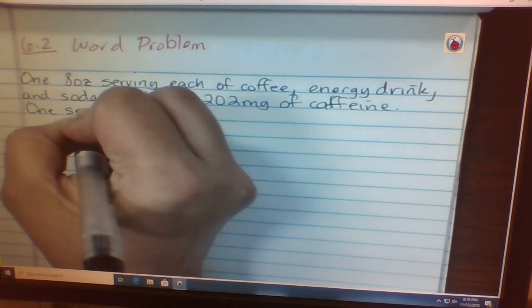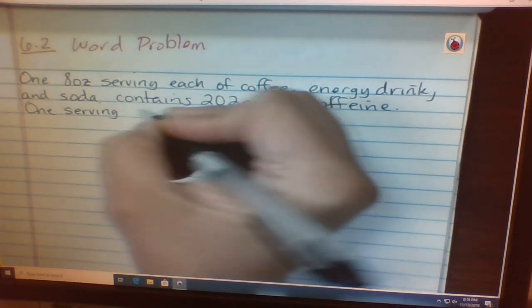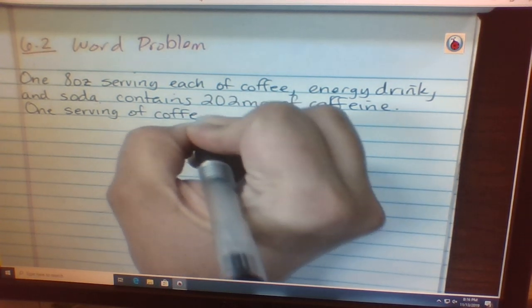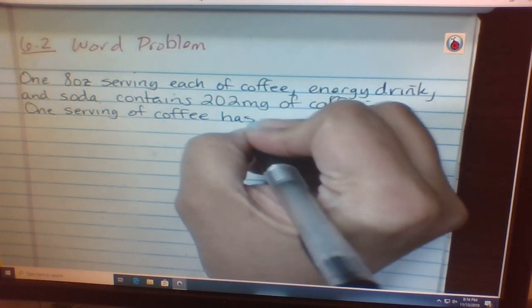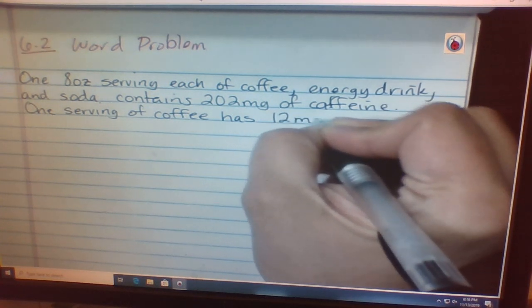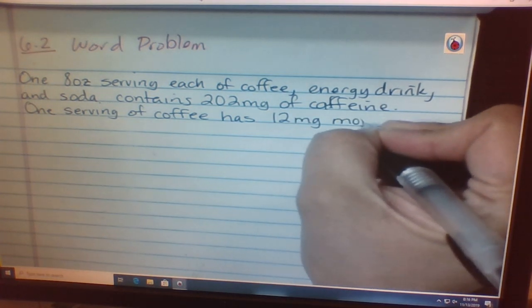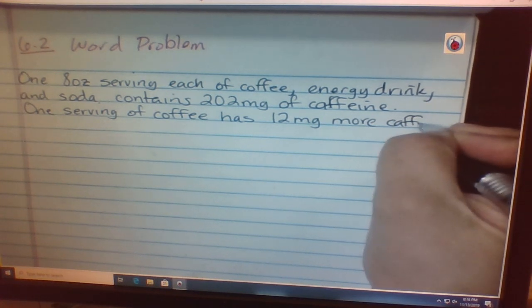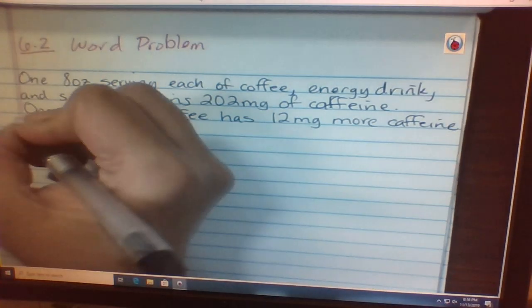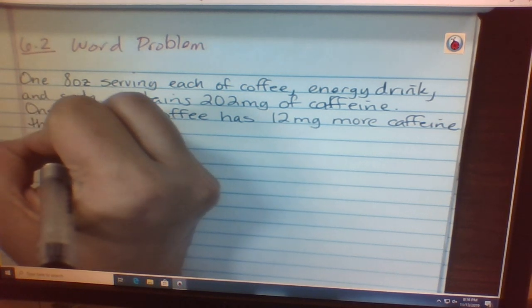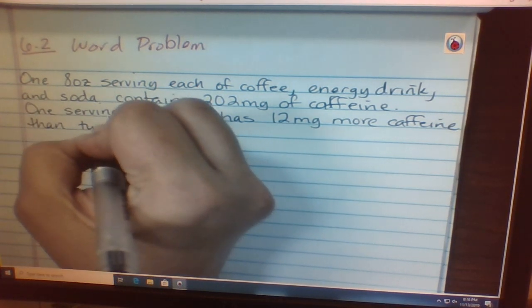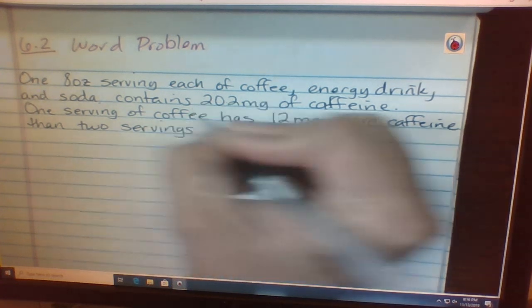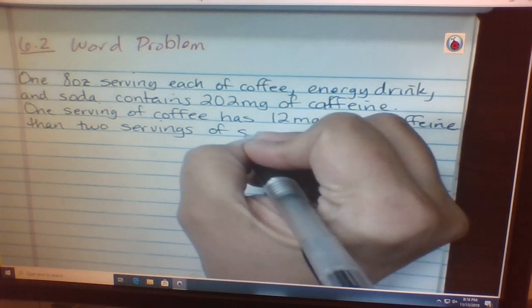One serving of coffee has 12 milligrams more caffeine than 2 servings of soda.